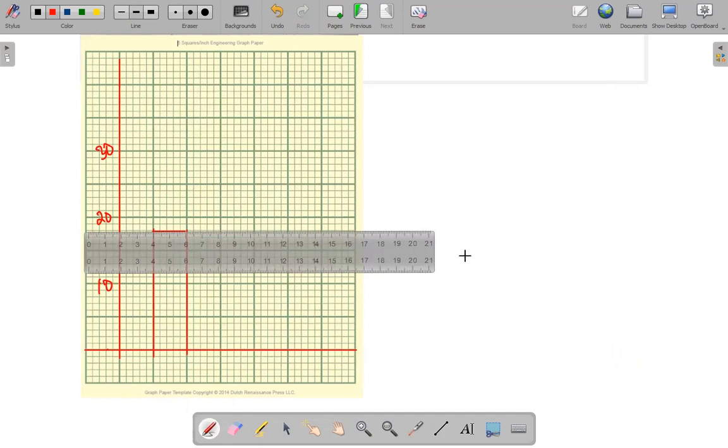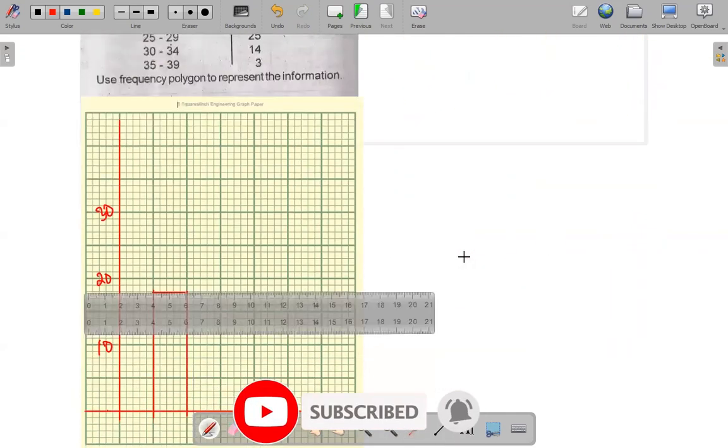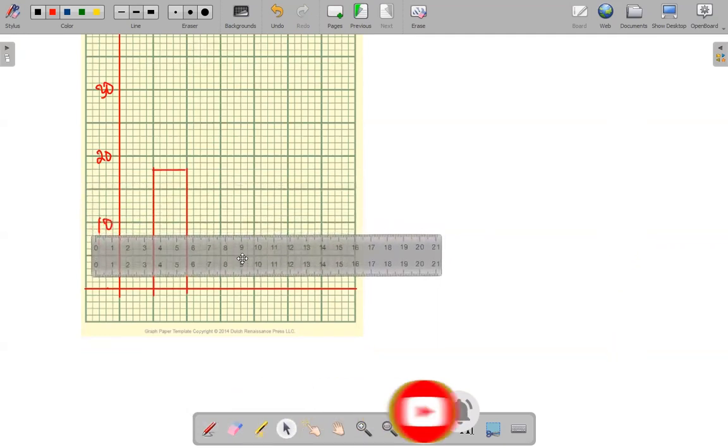The next one is 9, which should be somewhere there.